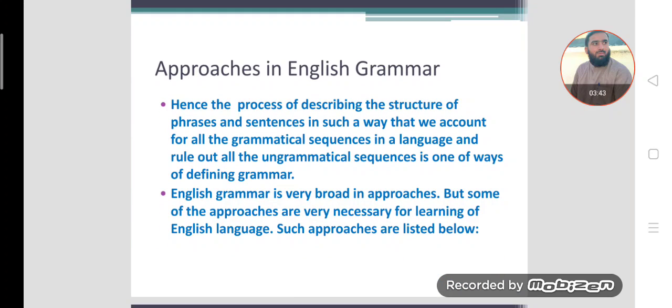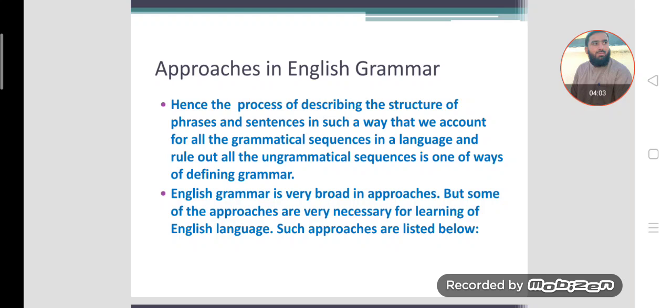Now, different approaches in English grammar. Hence, the process of describing the structure of phrases in sentences in such a way that we account for all the grammatical sequences in a language and rule out all the ungrammatical sequences is one of the ways of defining grammar.